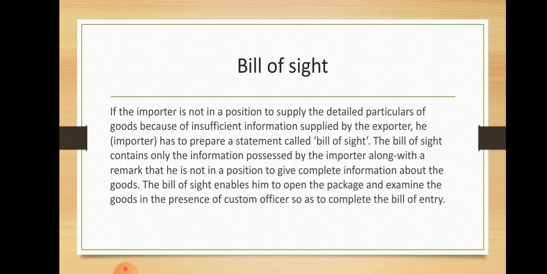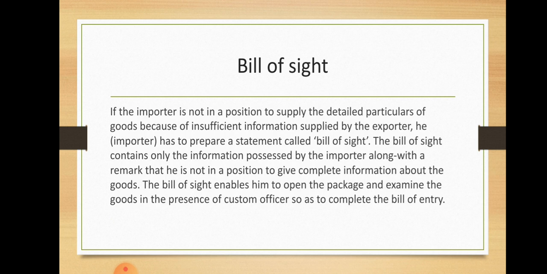After that, the next document is the bill of sight. What happens when the clearing agent of the importer, the person who is going to take things from the port, does not have full details regarding the goods in the bill of entry, which was made by the importer and given by the customs department?